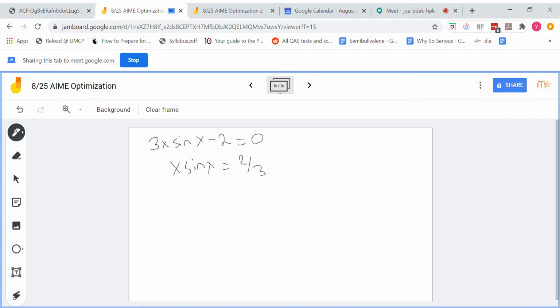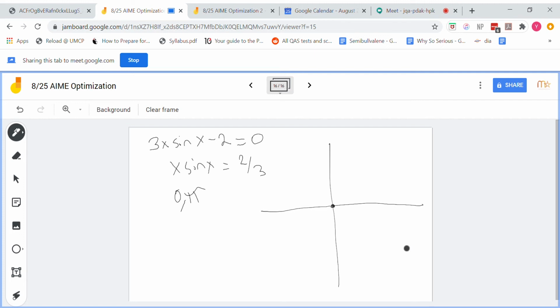And so obviously there's some value of x between 0 and pi that makes that work. Right? And we can check that simply by plotting x sine x as a function. At 0, x sine x is 0, right? And at pi halves, x sine x is pi halves.